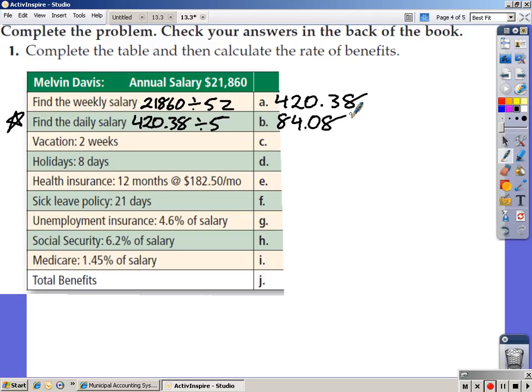Now, you've got a vacation for 2 weeks, so take your weekly pay, 420.38 times 2. 420.38 times 2 is 840.76. Your holidays, you get eight holiday days. So 84.08 times 8 works out to be 672.64.